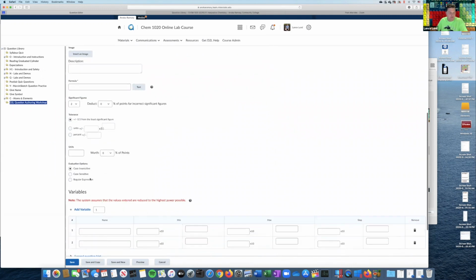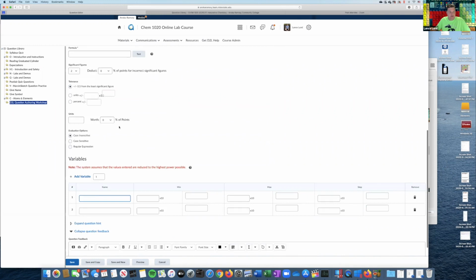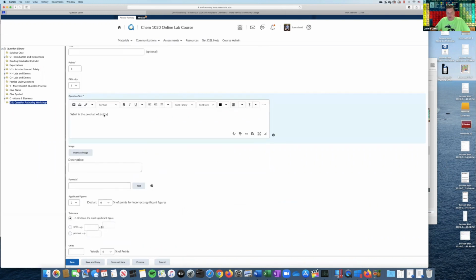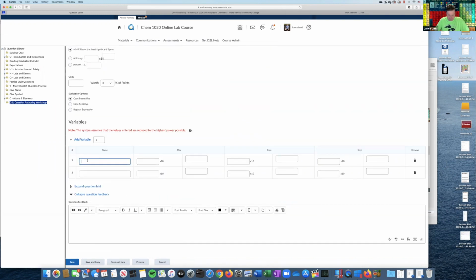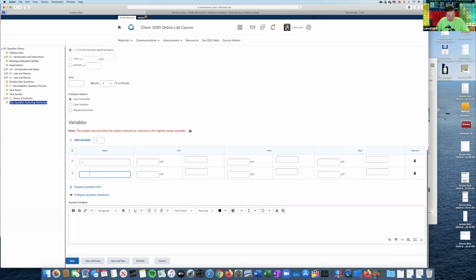And if I've told it to expect these variables, then I have to define what those variables are. So I'd come in here, and at this point I don't put them in curly brackets. I'm just telling it what the variables are, x and y, and this is where I define what the range of those variables would be.